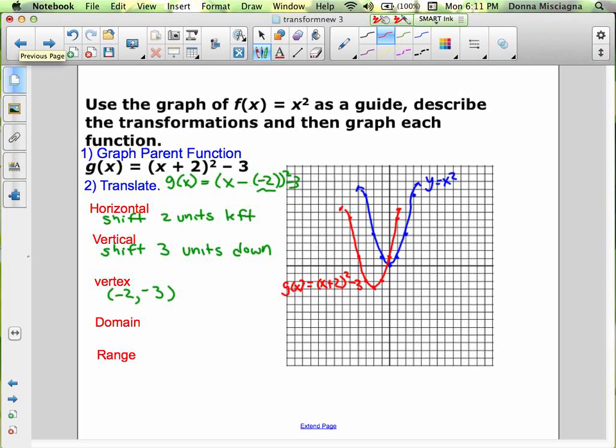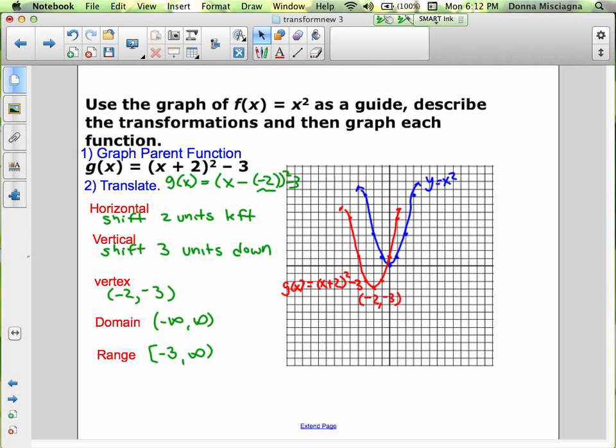The domain, of course, is negative infinity to infinity. The graph is shifted. I'll write down the vertex. So that was negative 2, negative 3. The graph is shifted 3 down, so that means the range is going to be negative 3 to infinity. And there we go. So another one graphed.